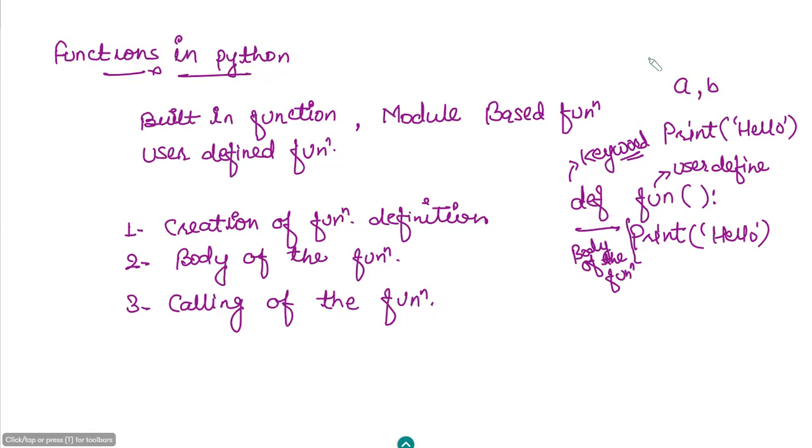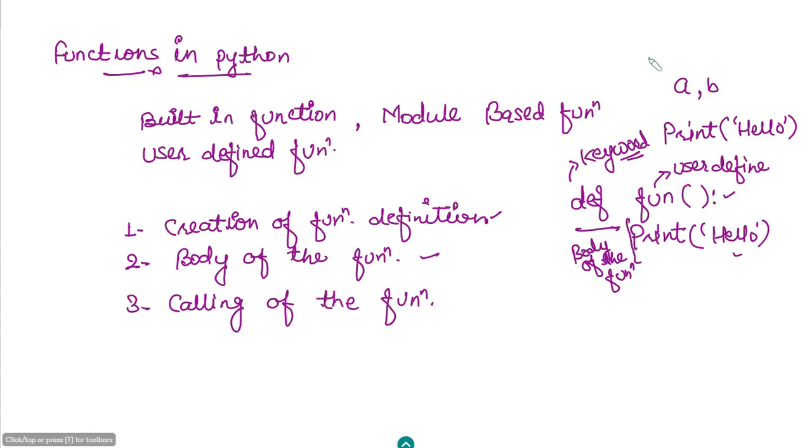Now we have created two steps: the creation of the function definition, and the body of the function. The next and very last step is calling of the function. Without calling, the function cannot be executed, which means this statement cannot be executed or printed.